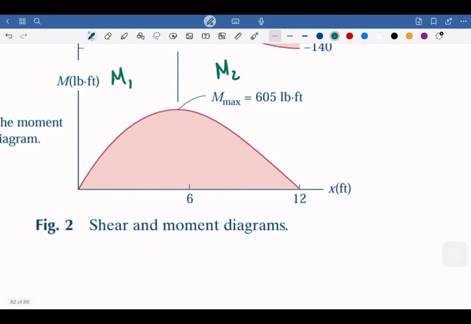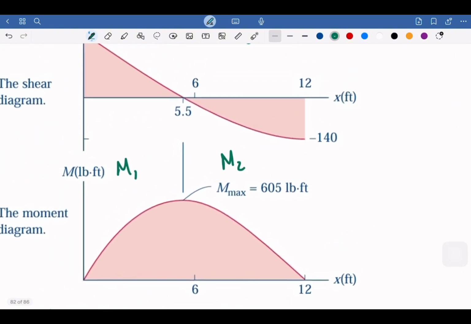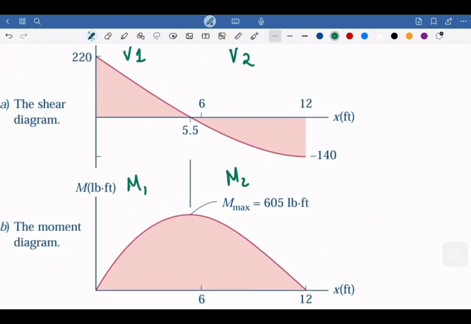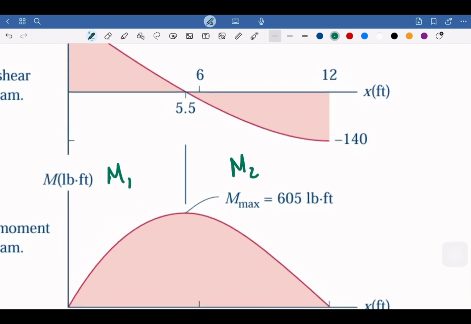That's the M2, and we could see that they are going to be consistent. So this 5.5 will be consistent with this one.